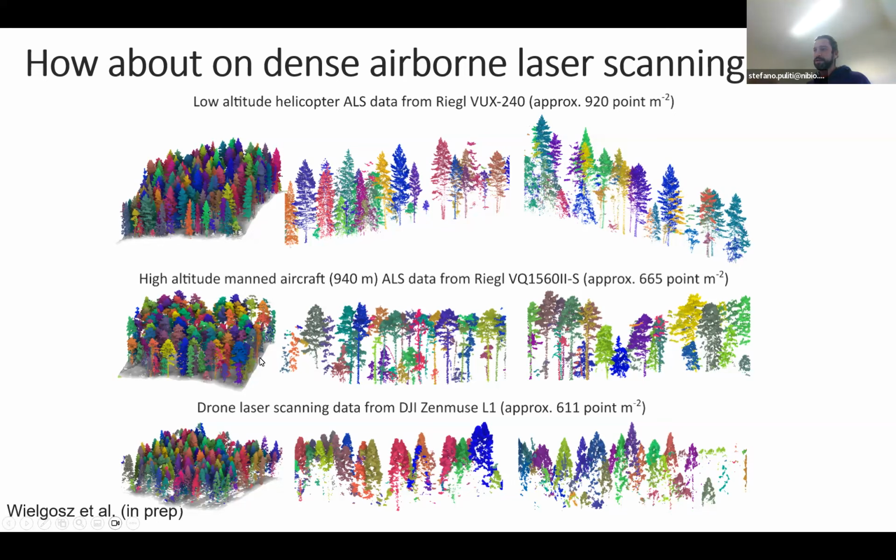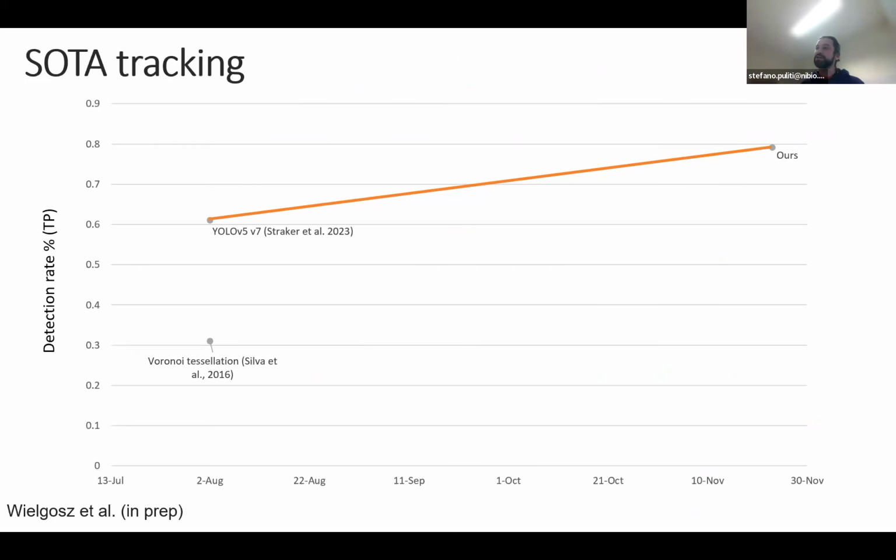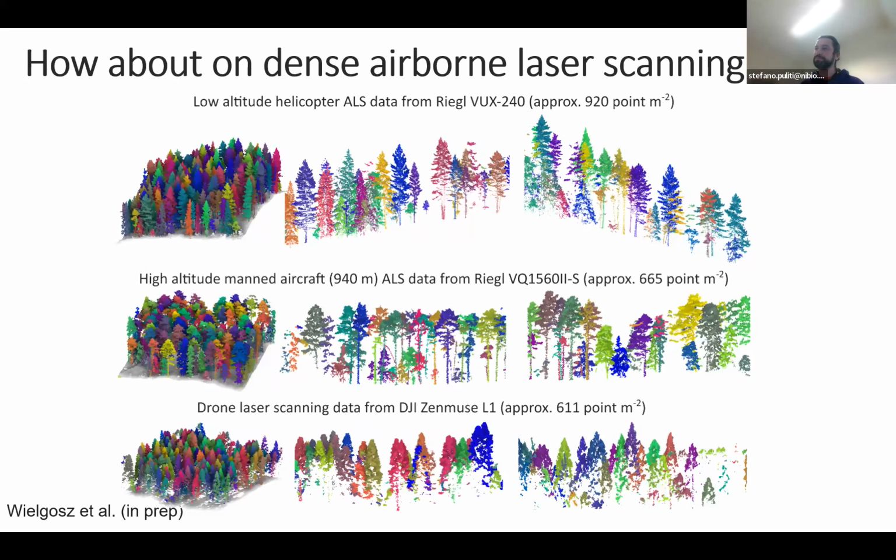This was quite a groundbreaking step for us, because once we can go to the individual tree level, we already have in place a lot of methods to extract the information that we're after.